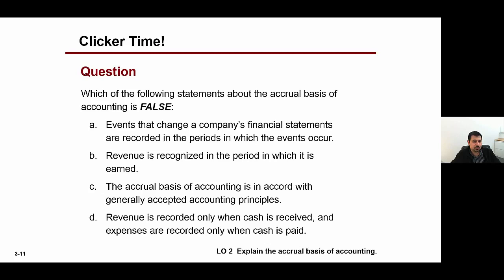The accrual basis of accounting is in accordance with generally accepted accounting principles, and revenue is recorded only when cash is received, and expenses are recorded only when cash is paid. As we can see, under the accrual basis of accounting, only the last one is incorrect, because this is cash basis accounting.